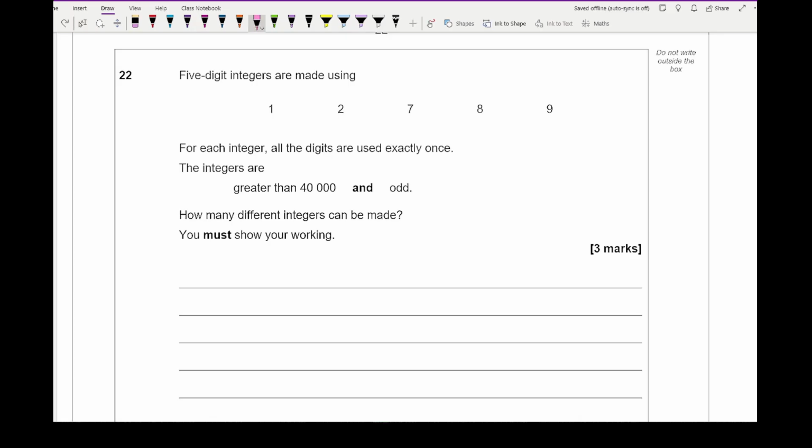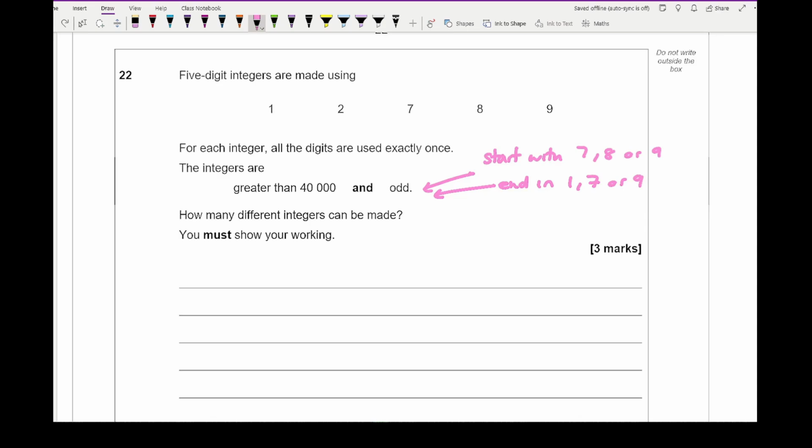So for this to be true, the 5-digit number must start with 7, 8 or 9, and for it to be odd it needs to end in either 1, 7 or 9. Now let's have a look at the combinations of this.